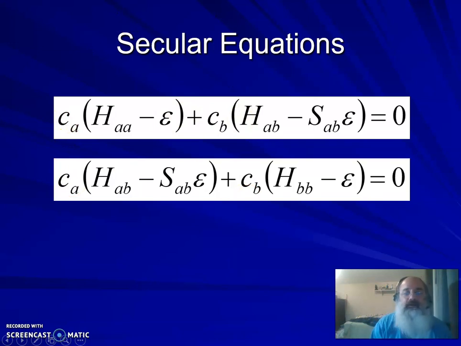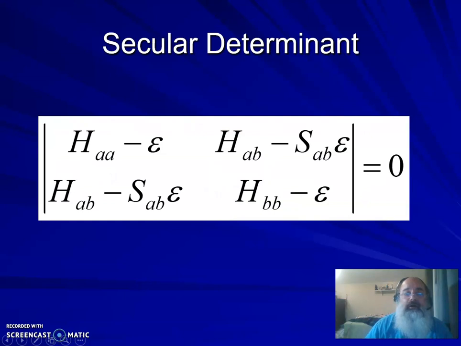If we make a 2 by 2 matrix out of this, this is the top left term, this is bottom left, this is top right, this is bottom right. If we make that sort of a determinant and set that determinant equal to 0, it would look like this.